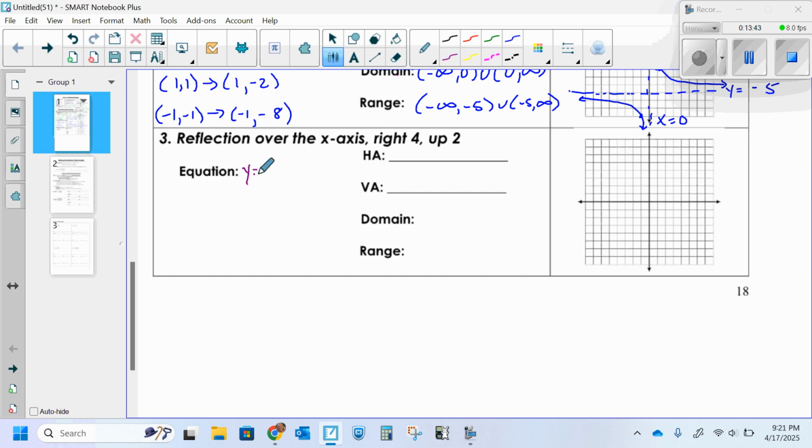Let's write this equation. So we'll put a negative up there, right 4. So let's make sure we do the opposite on the bottom, and up 2. Now, it does not have a stretch or compression, so there's just going to be a 1 up top. We're going to do x plus 4, oh, excuse me, that's a lie.